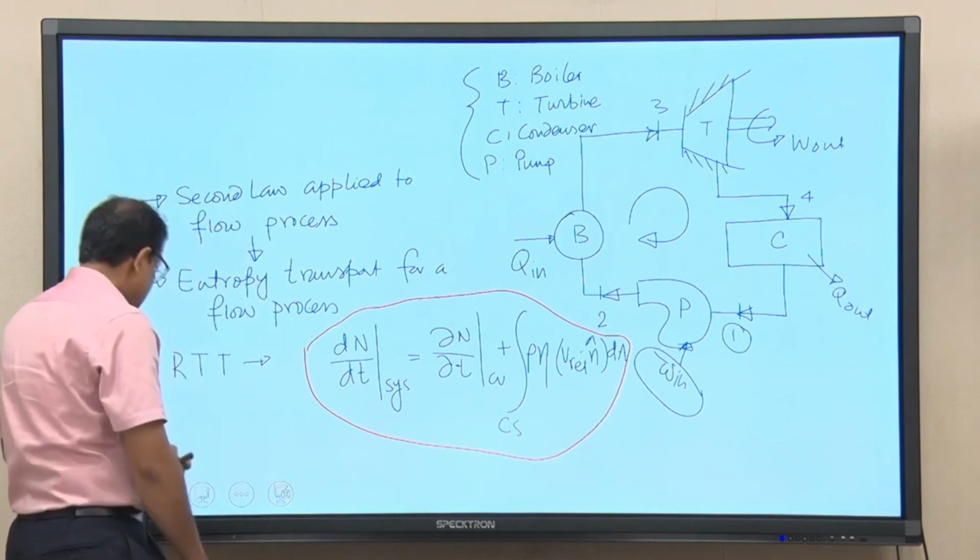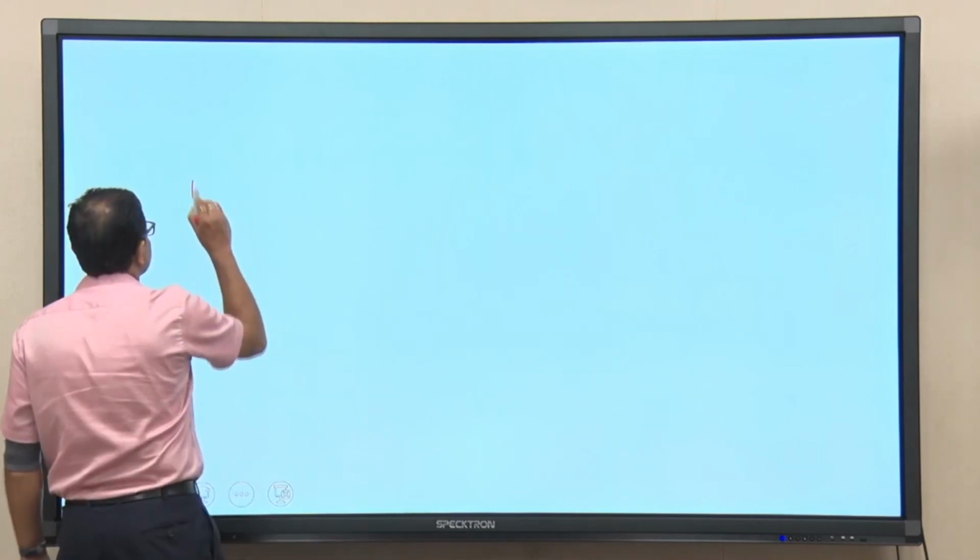Here this N is the total entropy, and small s, that is capital S by M, is the specific entropy.